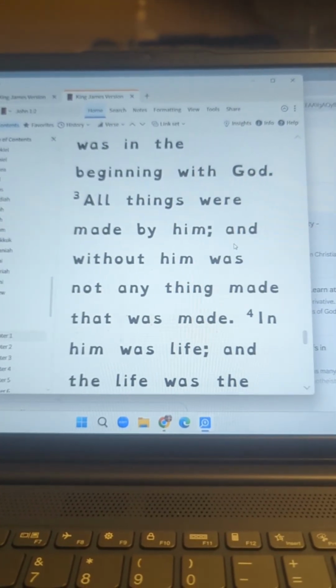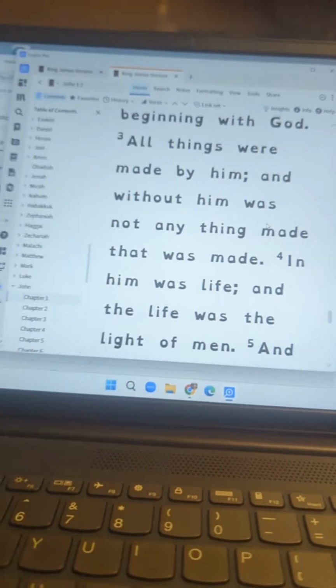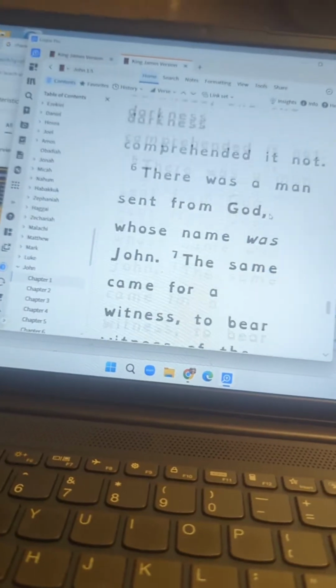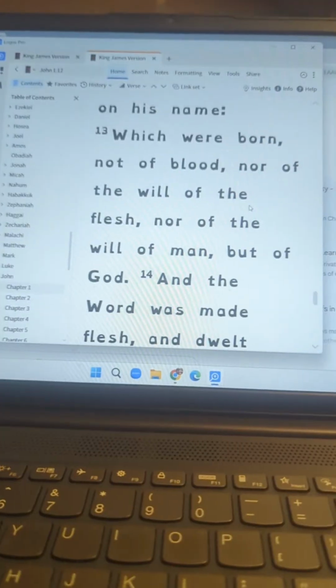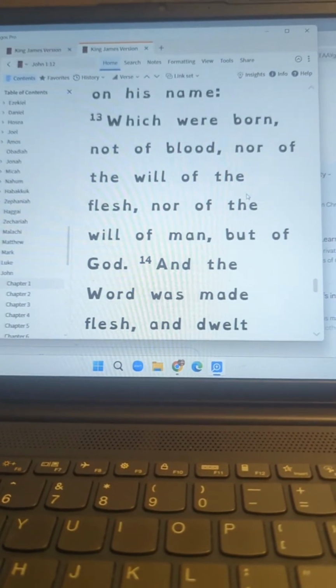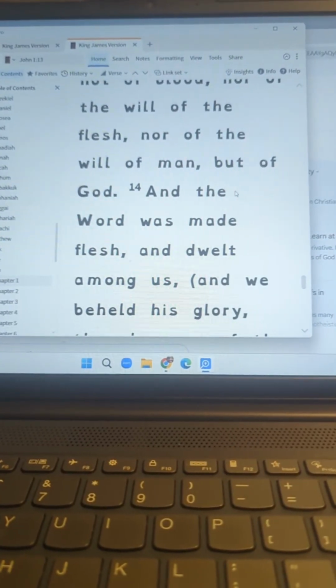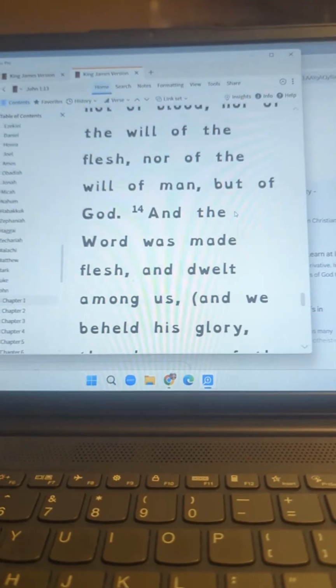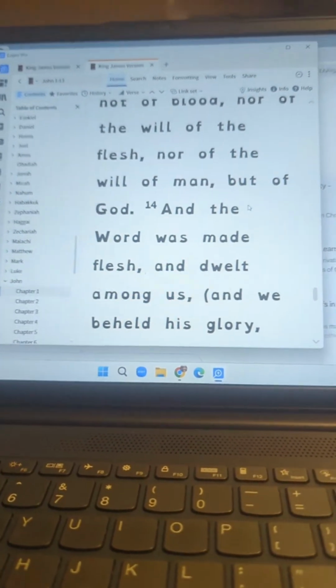In Him is the life, and the life was the light of men. And also, I think we see it in chapter 1, verse 14 here: The Word was made flesh and dwelt among us, and we beheld His glory. So the Word out of Jesus's mouth is the one that has creative power.